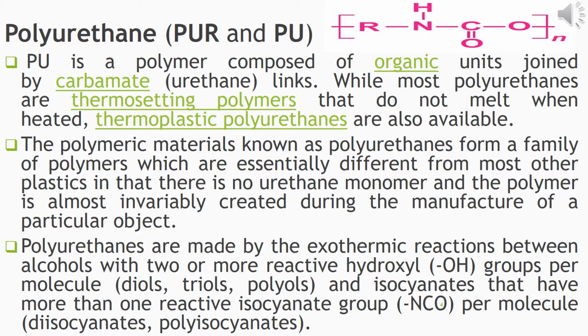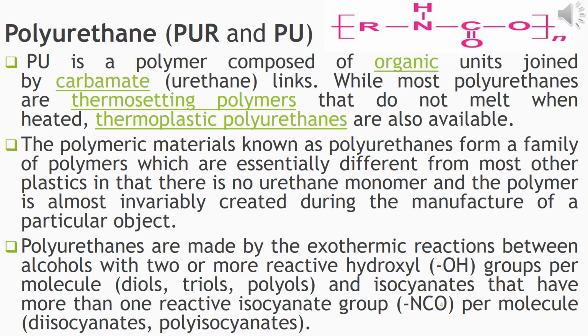Just for the sake of your review, thermoplastics are those which are easily molded into desired shape upon heating. They are linear or branched in structure, like PVC, PE. But thermosets are those which resist deformation and solution once their final morphology is achieved.